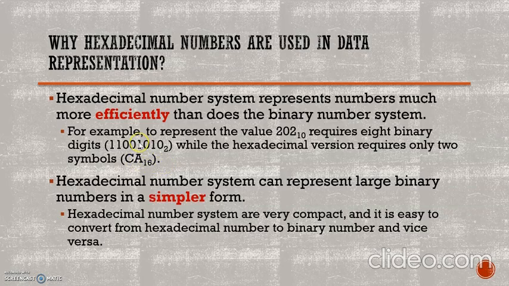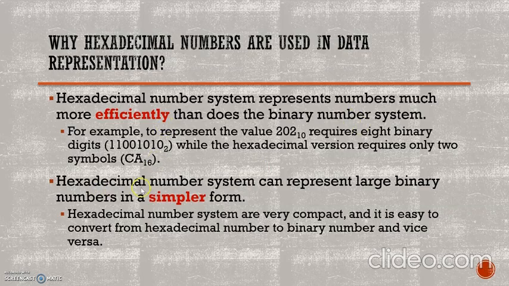So we are comparing hexadecimal to binary here when representing a decimal number. Hexadecimal can represent more efficiently compared to the binary number system.